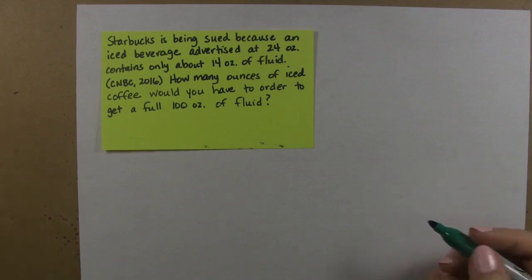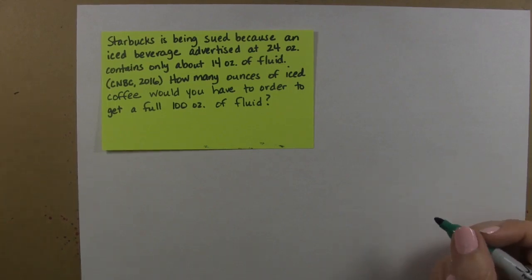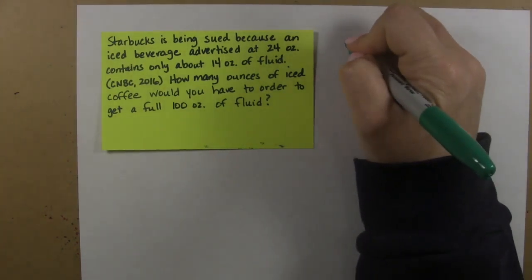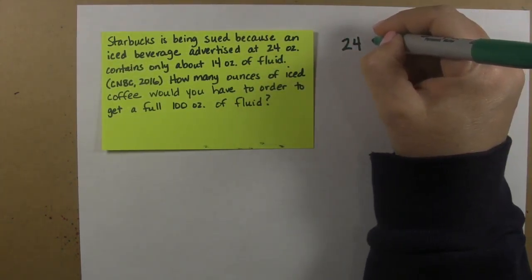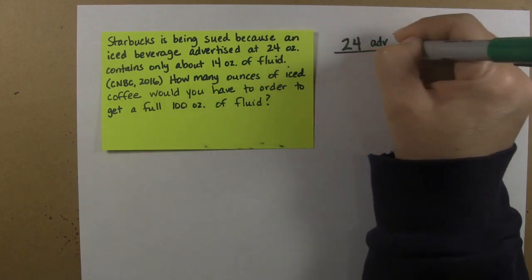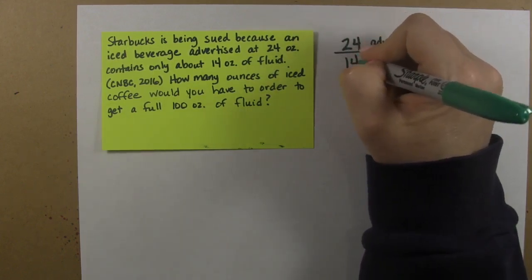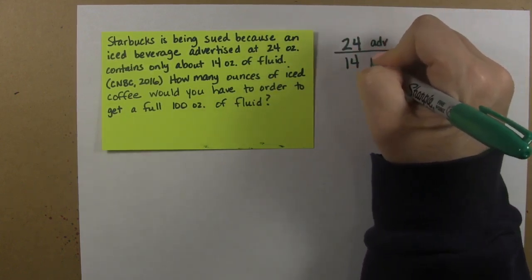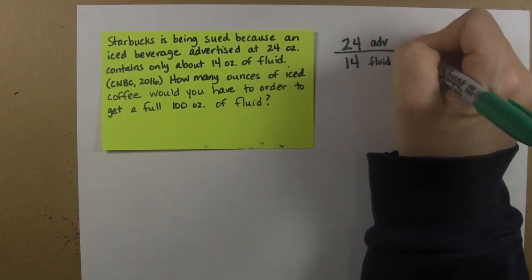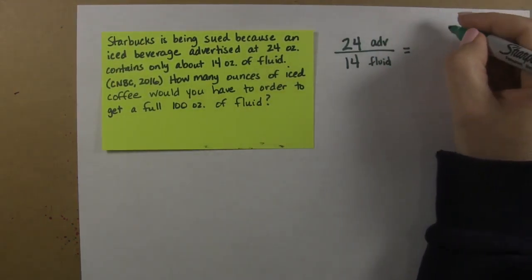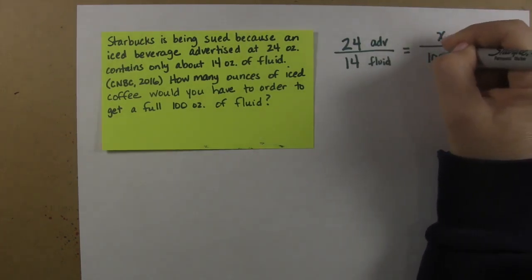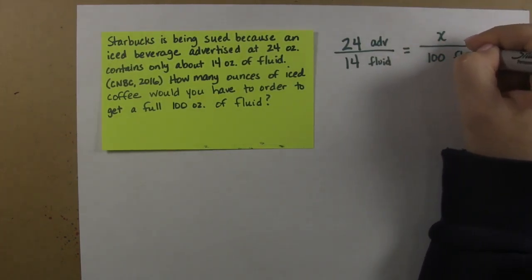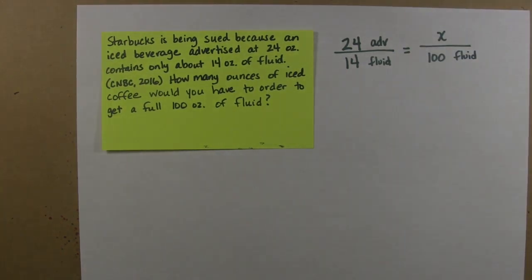Well, again, we're going to set up a proportion. So I could say 24 ounces, which is advertised, compared to 14 ounces of fluid, equals how many would I have to buy of advertised in order to get 100 ounces of fluid? Okay, so that's a good proportion to set up.